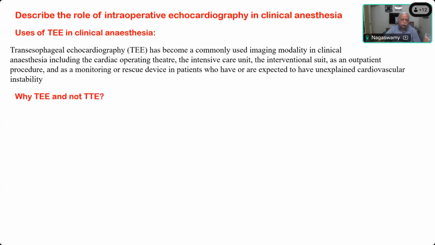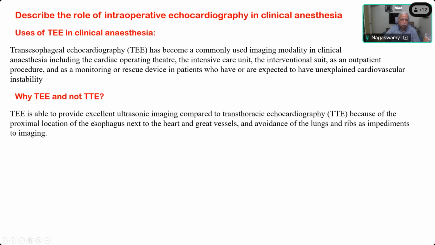Why TEE and not transthoracic echocardiography? It is able to provide excellent ultrasonic imaging compared to transthoracic because of the proximal location of the esophagus next to the heart and great vessels. And there is no interference from the lung and other structures, as you see with the transthoracic. So the probe is very close to the heart, in fact a few millimeters away, so you get better imaging.